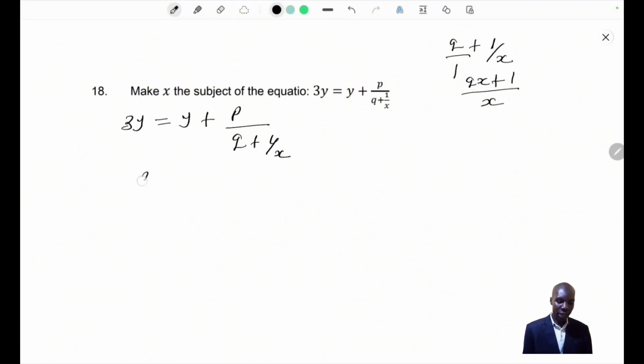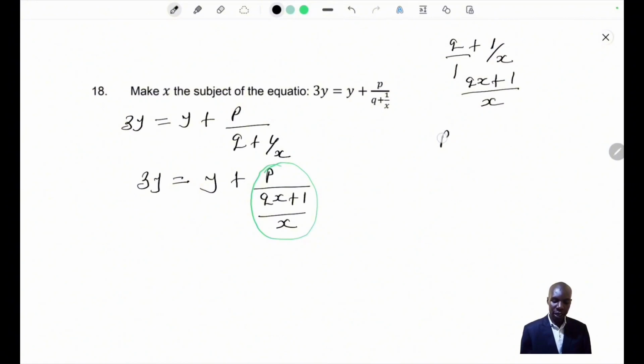So now we'll have 3y equals y plus p over qx plus 1 over x. This one alone, we want to simplify.